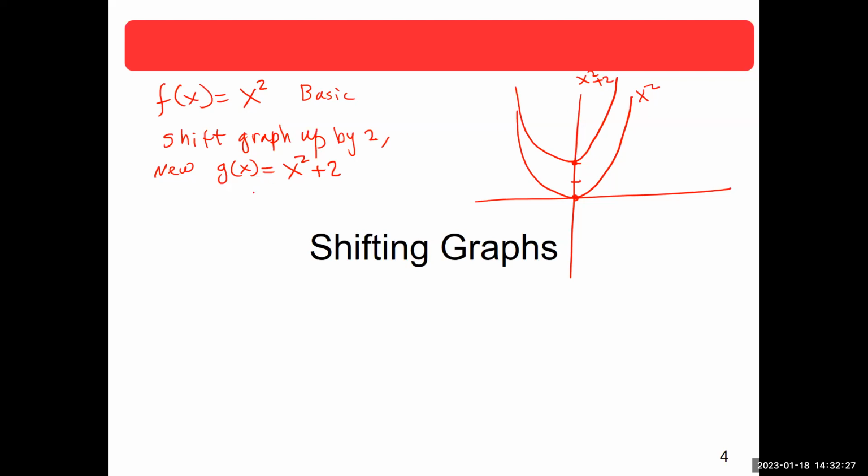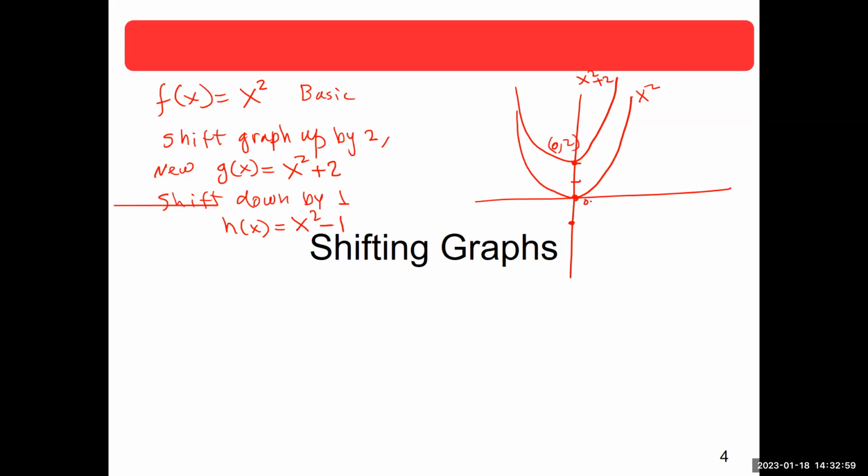Can I shift down? Same thing. Shift down, let's say by 1. I'm going to get a new formula. h(x) equals x squared minus 1 because I'm going down. So this point here is 0, 2.